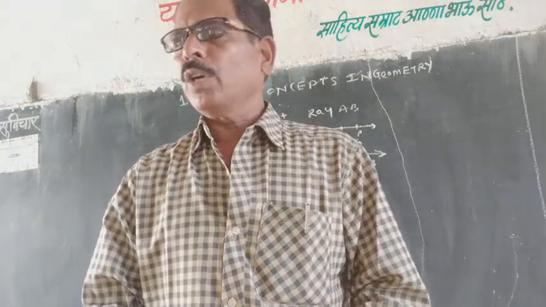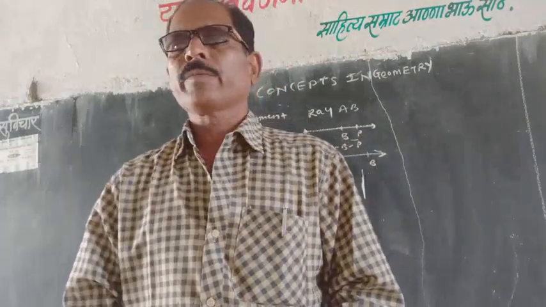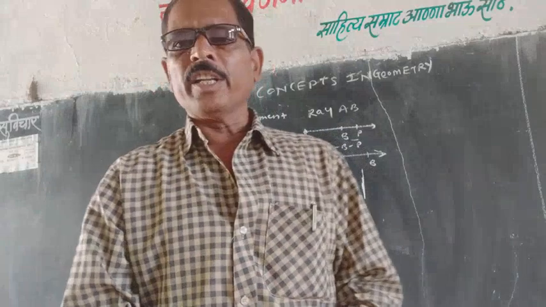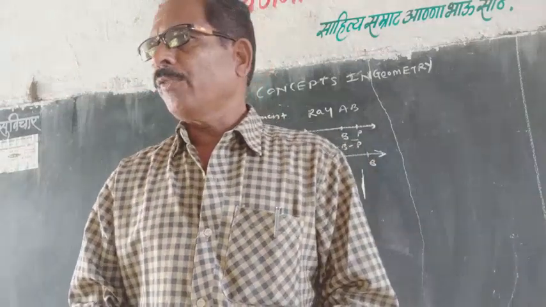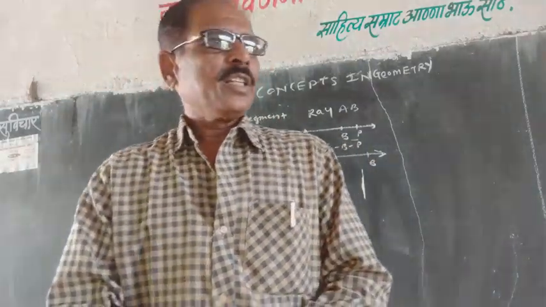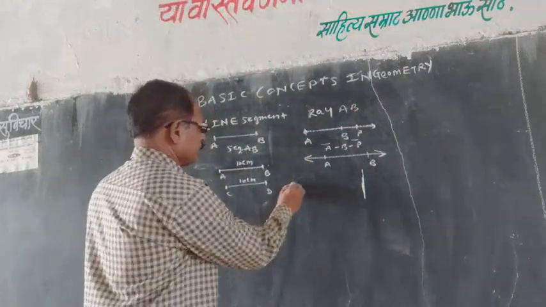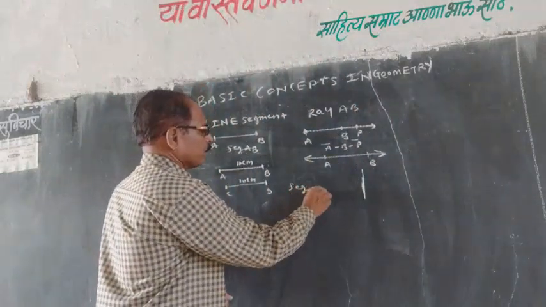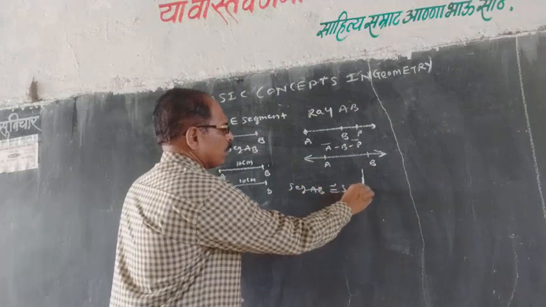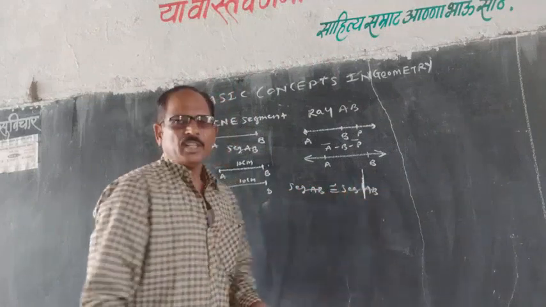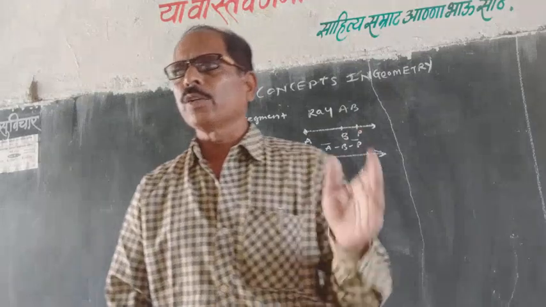Properties of congruent segments. There are three properties. First, reflexivity. Segment AB congruent to segment AB means each and every segment is congruent to itself.